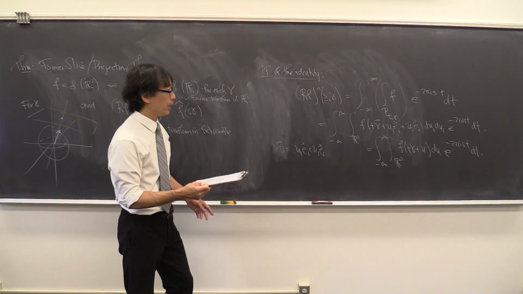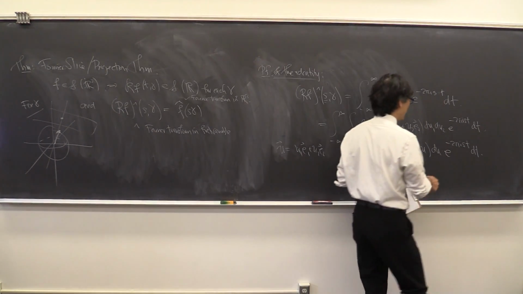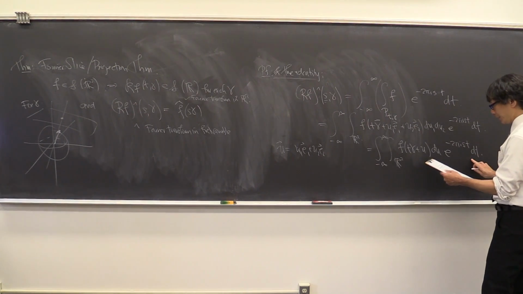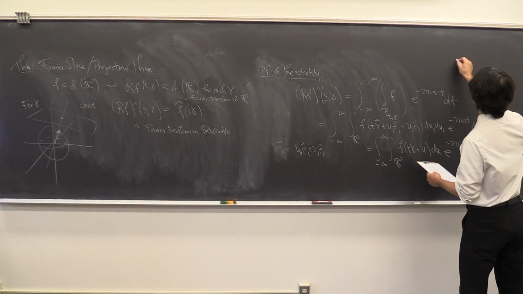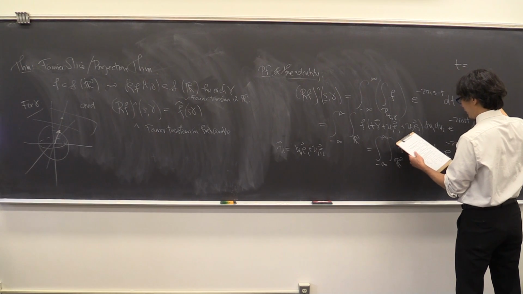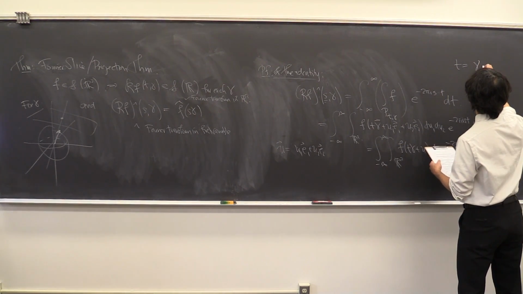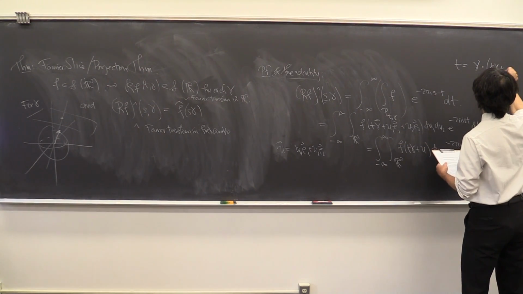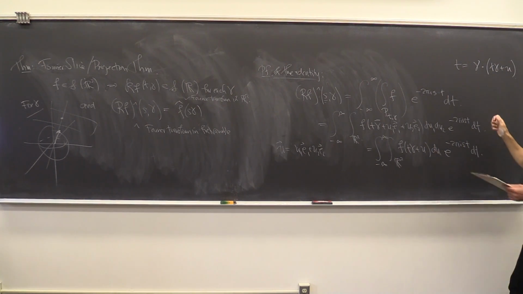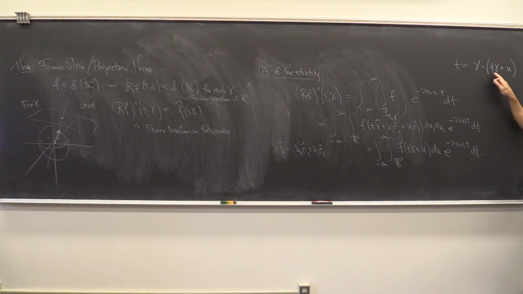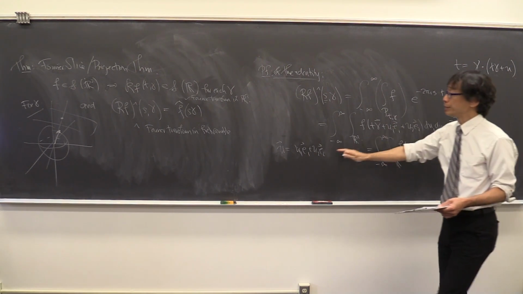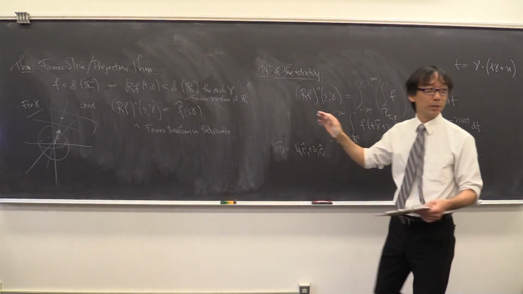Okay. And then at this point we pull a trick. We rewrite the t. We note that we can rewrite the t as gamma dot t gamma plus u. Because remember, u is in the plane that's perpendicular to gamma.